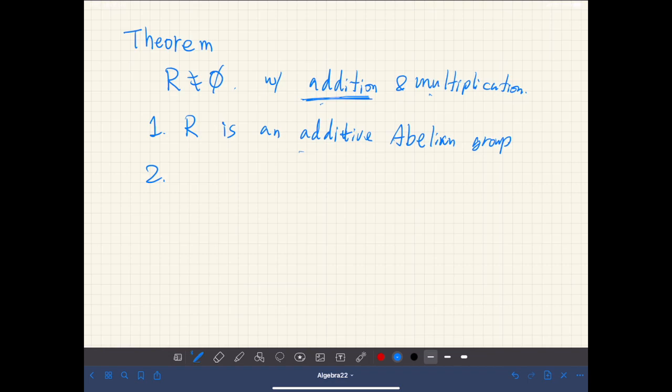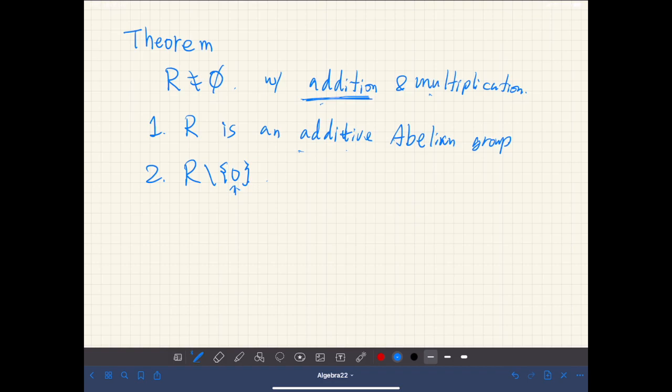And two, R except for the zero element is a multiplicative abelian group. In this case, this 0 is not the number 0, but a special element of R that behaves as the additive identity element.